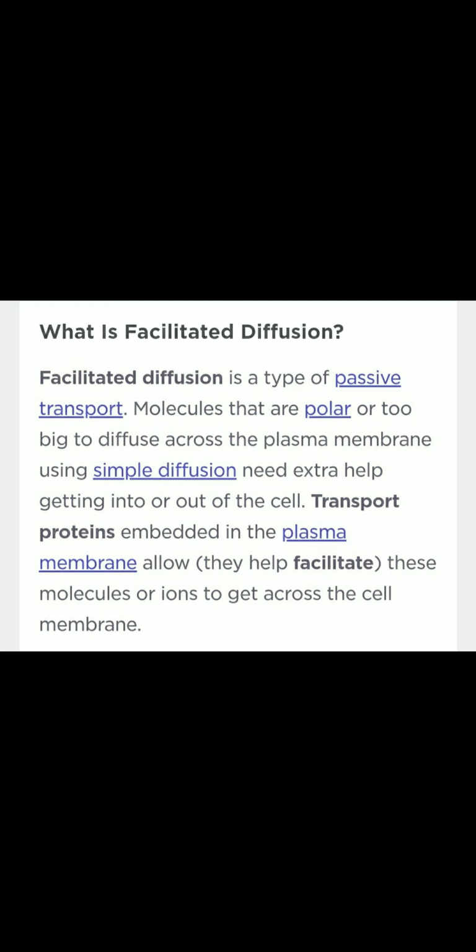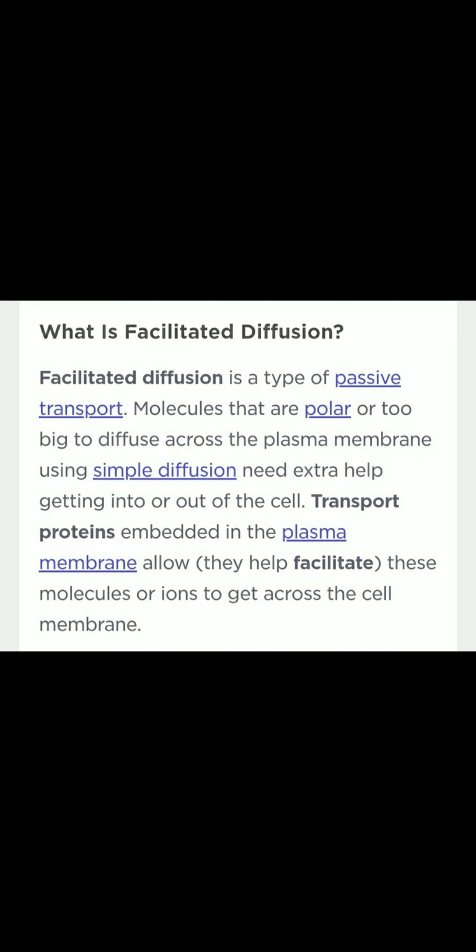There are different membrane proteins which help transport molecules from the outside environment to inside the cell, and without this particular protein, this type of diffusion cannot be completed. Whenever diffusion occurs with the help of a transport protein embedded in the plasma membrane, the transport protein facilitates the diffusion. That's why this process is known as facilitated diffusion.